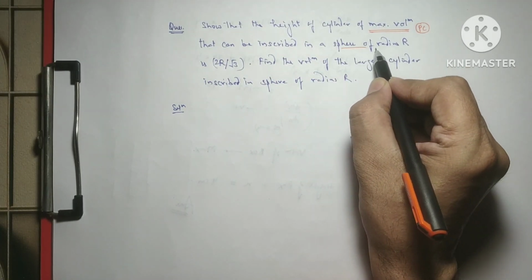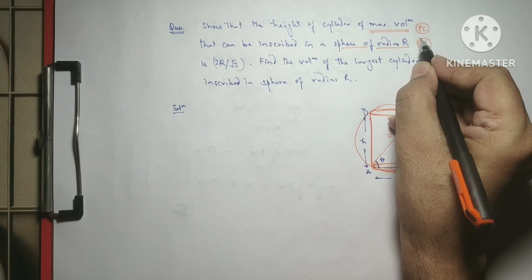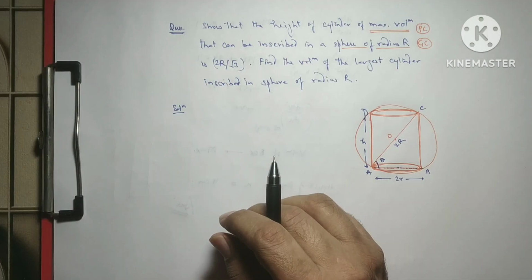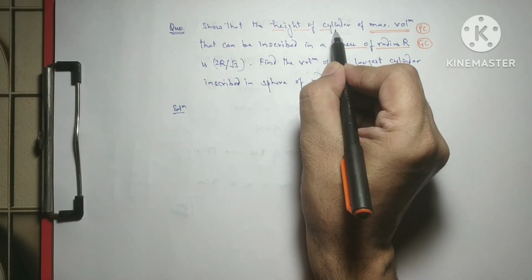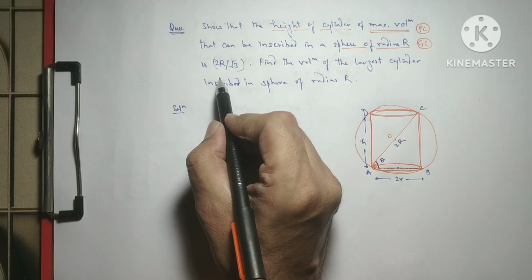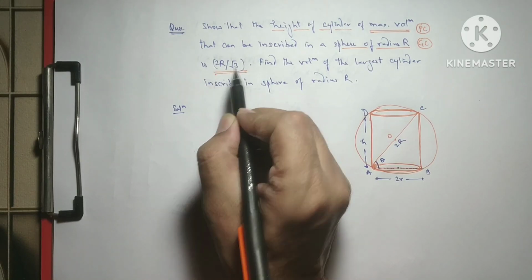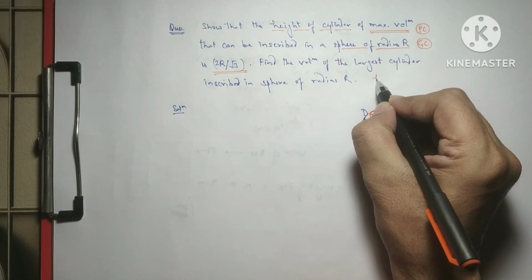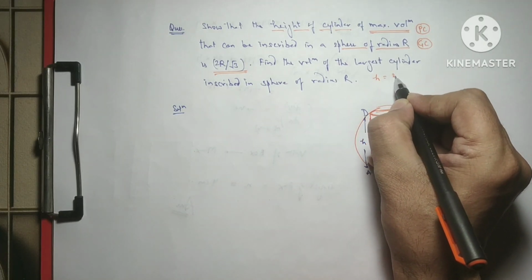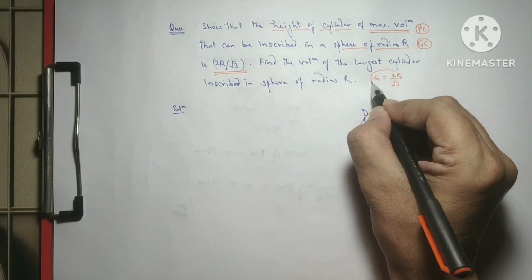So the radius is given, and the intermediate condition is that the height of the cylinder is 2r by root 3. We want to arrive at this value as an intermediate condition.